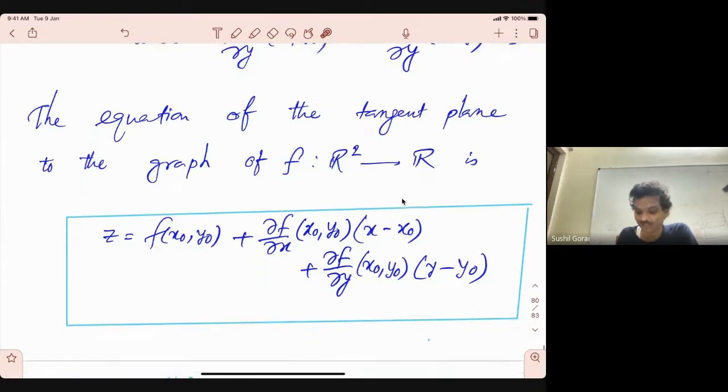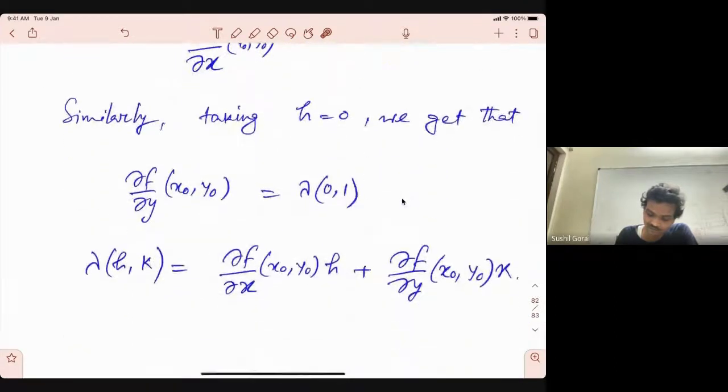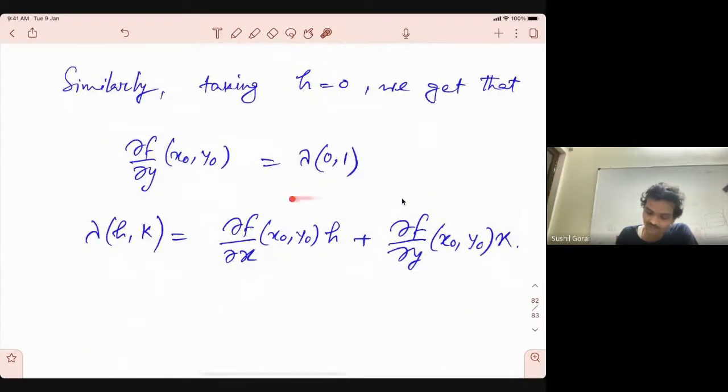So we get a generalization of the slope. The slope is not there anymore, but you get a linear transformation, and you get the same thing here. Is this clear?